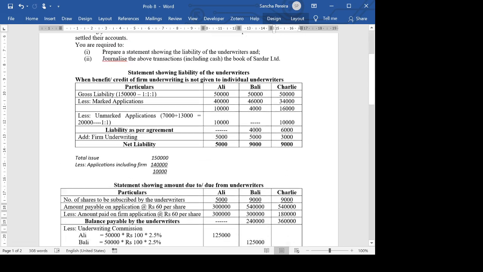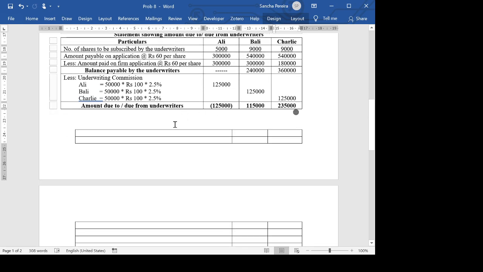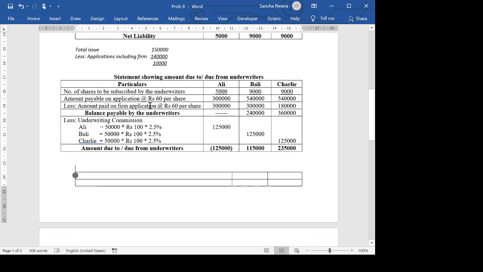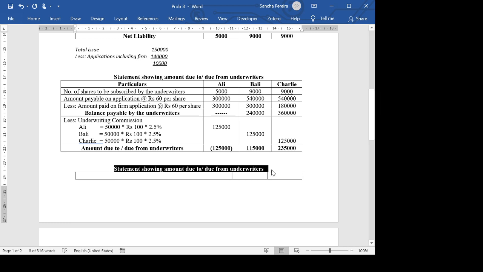So the name of the company is Sardar Limited. Journal entries in the books of the company. In the books of Sardar Limited.